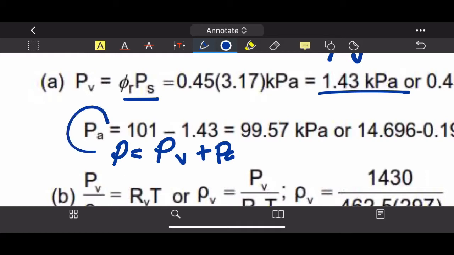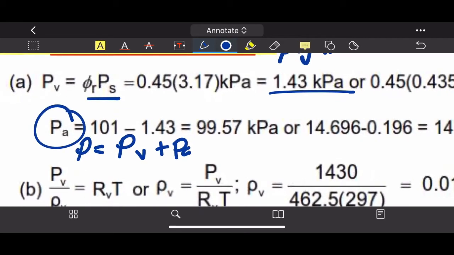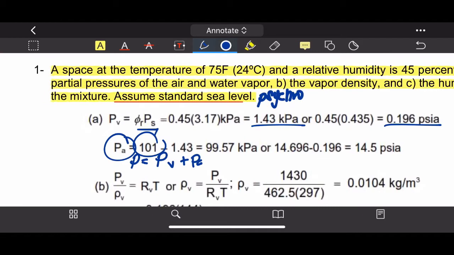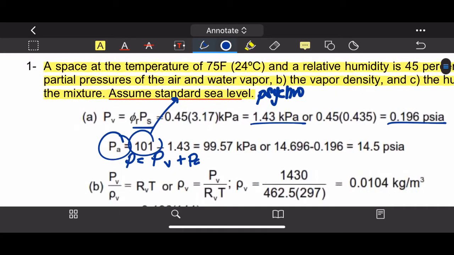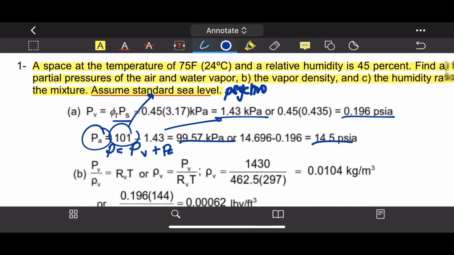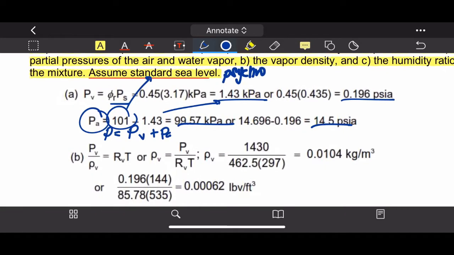PA will be your unknown, and your P is 101, which is the standard sea level, and then you minus 1.43, and this is your PA. Also you can do the English unit. You get 14.5 PSIA. So that is your partial pressure of air and water vapor.